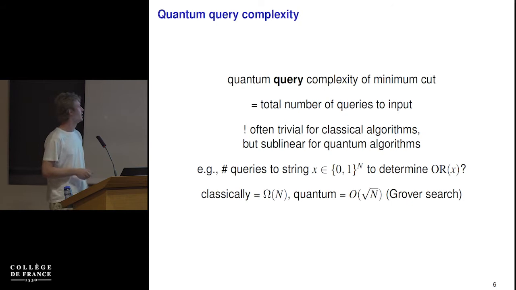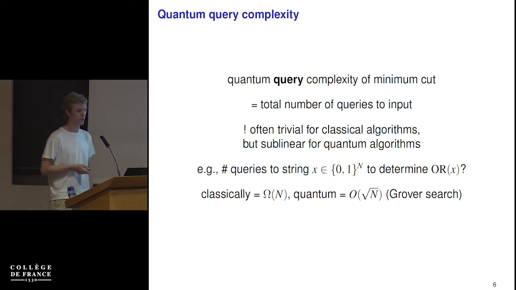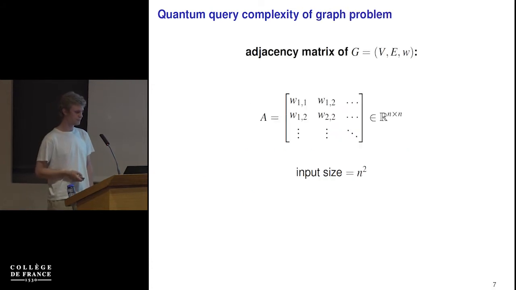A simple example: if we can make queries to some input string x with capital N bits, and we want to determine the OR of x, which is the question of whether there exists a single 1 in x, then classically we need to examine the entire string, whereas quantumly we can use Grover search to find a single 1, which takes order square root N quantum queries. So this concept of query complexity is a very important one, and it makes a lot of sense to study it from the quantum perspective.